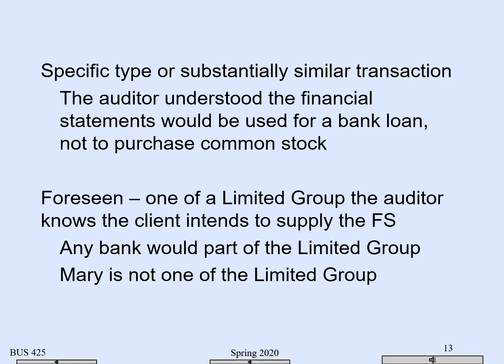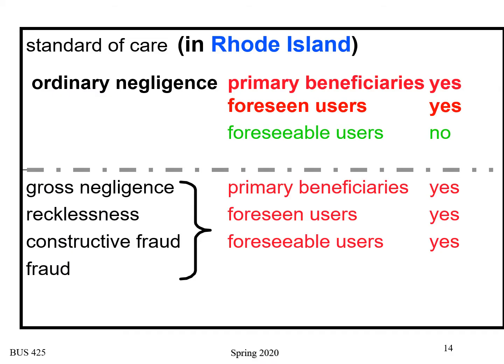So in this case, any bank would be a member of that limited group. Mary is not one of the limited group. So for a second reason, Mary will not prevail in this lawsuit. In Rhode Island, auditors are liable to primary beneficiaries and foreseen users for ordinary negligence. Auditors would be liable to all third-party investors for gross negligence, recklessness, constructive fraud, or fraud.